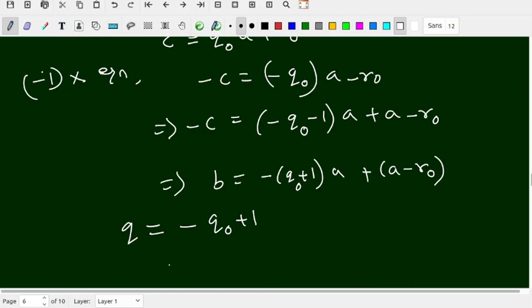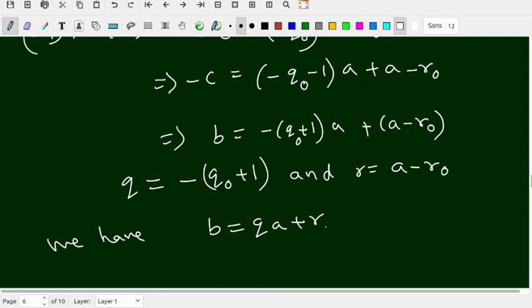And we have b equal to qa plus r. If r is a remainder, then it must satisfy 0 less than or equal to r less than a. Now we will check this. We know that r naught is less than a, and strictly greater than 0, because we are discussing the case r naught non-zero. Then minus a less than minus r naught less than 0.